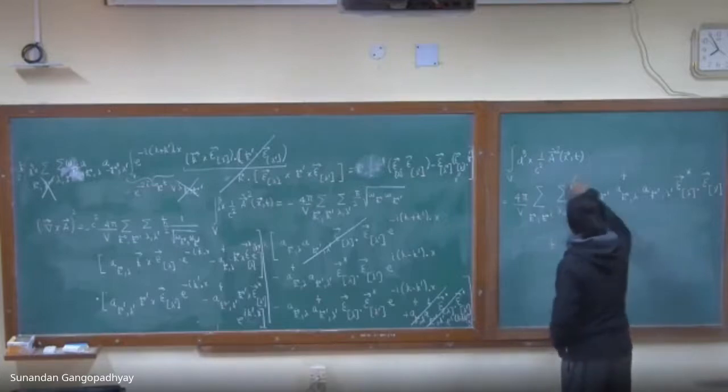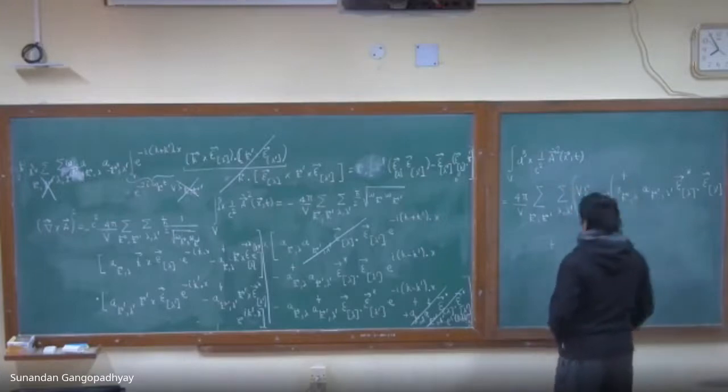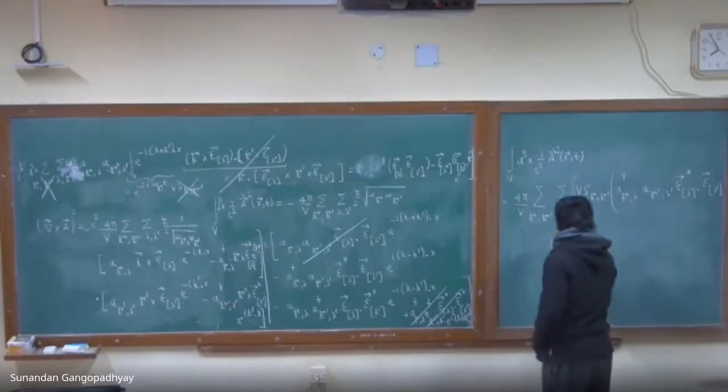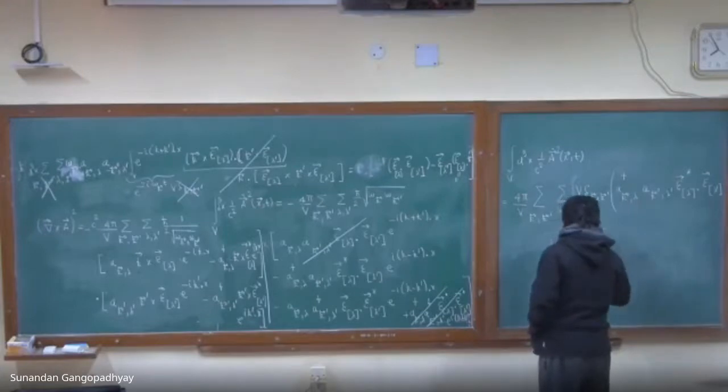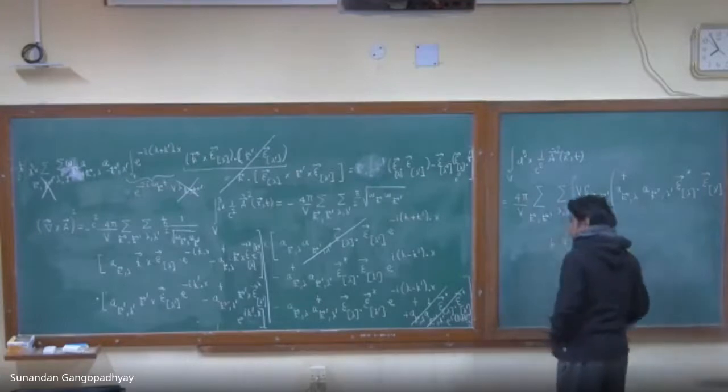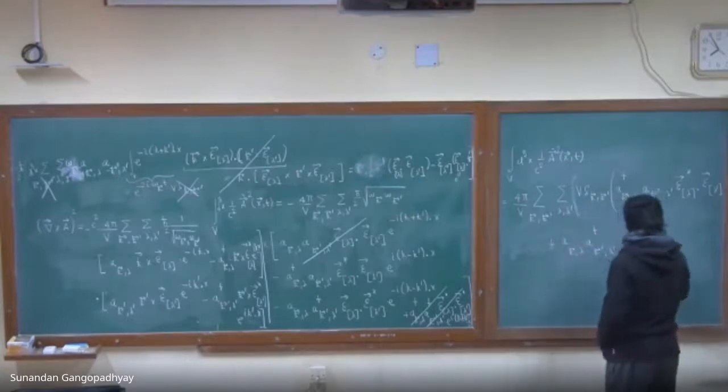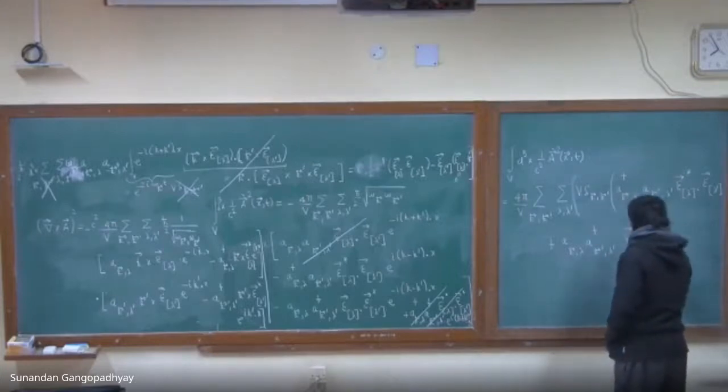The second term, let me just say this factor will be common. So we have this. The second term will be a k lambda, a dagger k prime lambda prime, epsilon lambda.